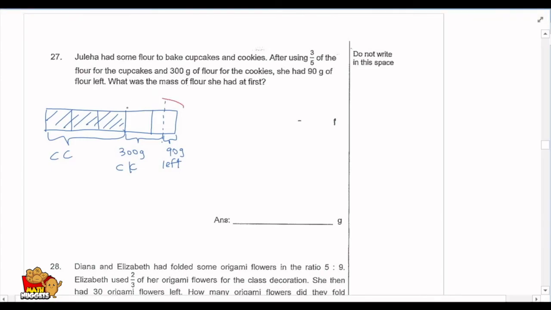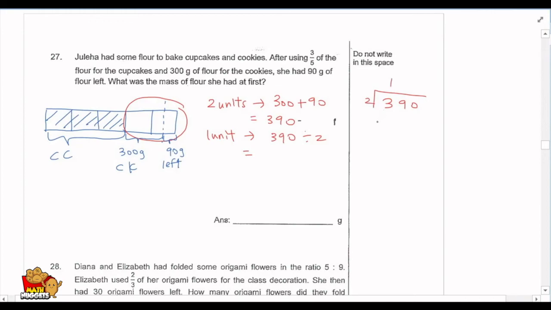So can you see here that 2 units will be 300 plus 90, which is 390. So in order to find 1 unit, take 390 divided by 2. Do not write in the space. I'm writing here because I have no space. Please do not do this in the exams.